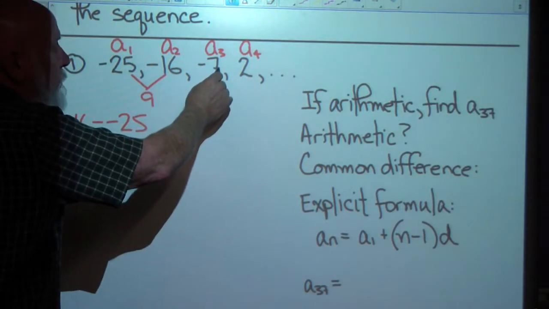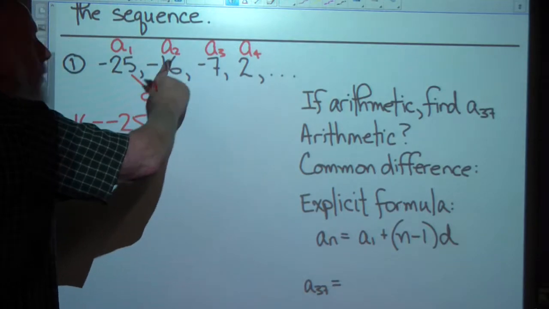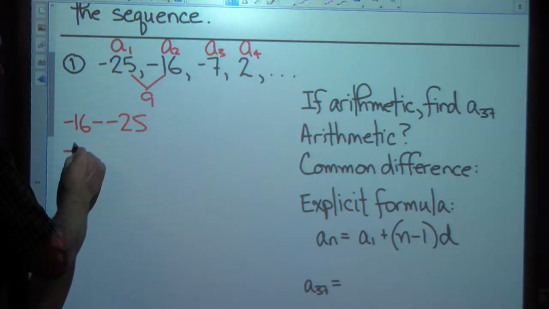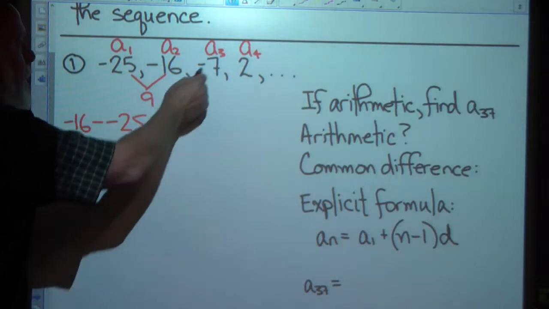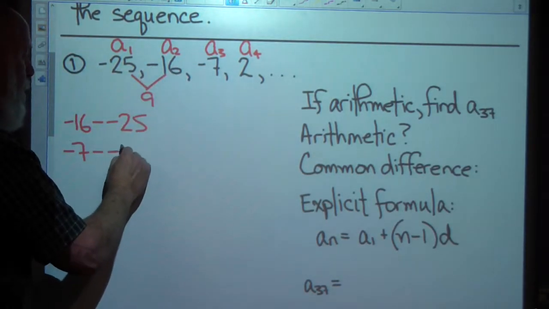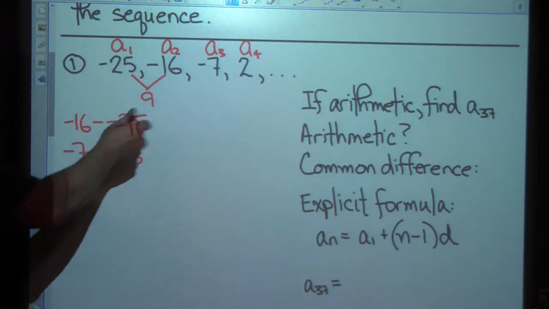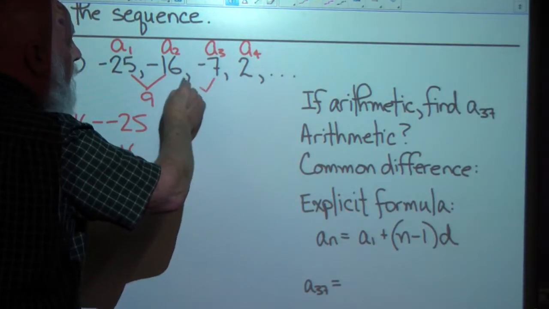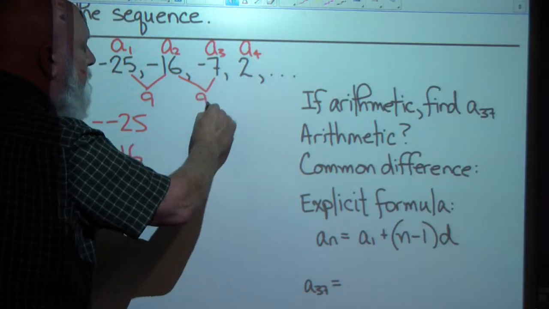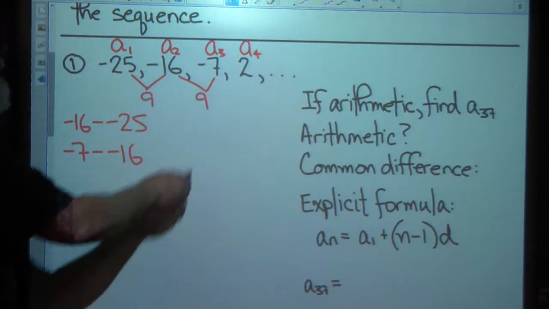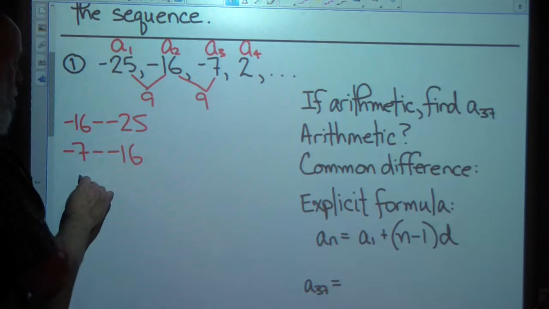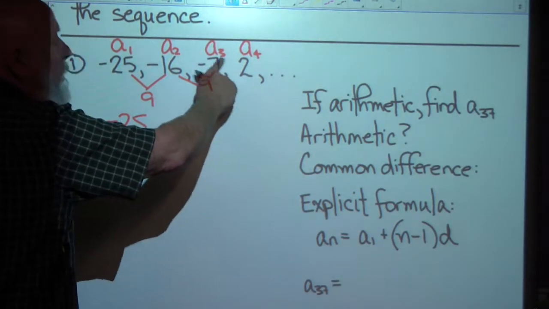I'm going to now start with the 1 on the right and subtract the 1 on the left again, negative 7 minus negative 16. I perform these operations, and that's positive 16 minus 7, which is also 9. You can do that with your calculator if you want to check me. And then I'm going to do this one, 2 rather. I'll start on the right and subtract the 1 on the left.